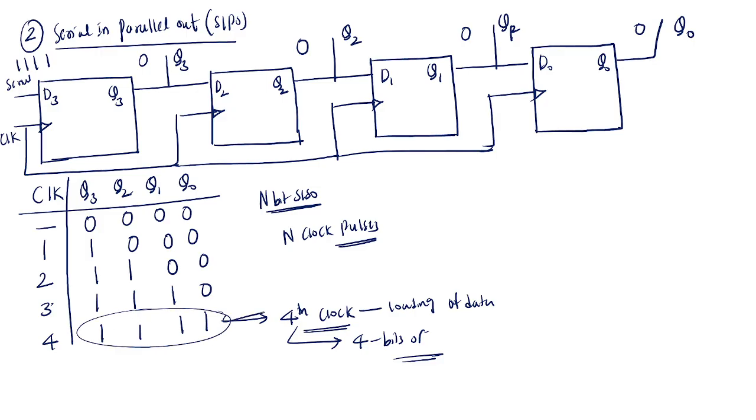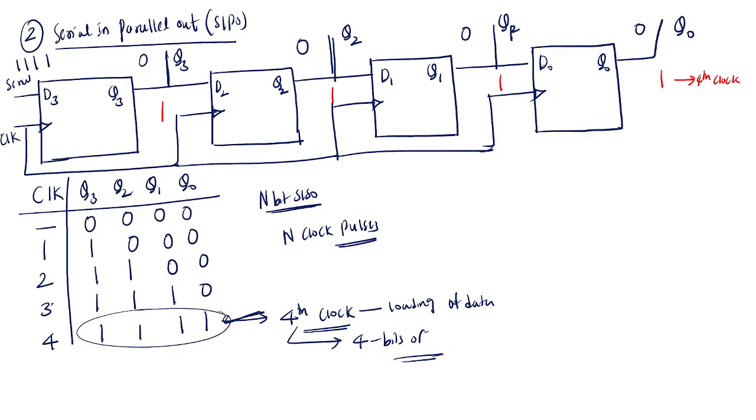During this clock period only, you are taking out the data. Understood? So at the fourth clock pulse, this will be loaded, so all will be one. And at the fourth clock pulse itself, you are taking the 4 bits of data at a time, parallel out. At that same time, the loading and taking out of data happens.